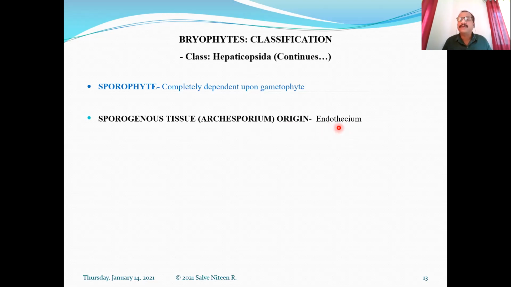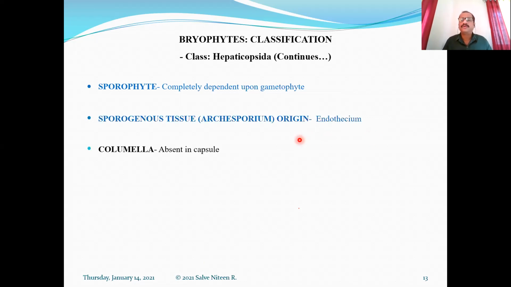But for the moment, just keep it in mind that archesporium in Hepaticae originates from endothecium, which is the inner region of embryo, whereas the outer region of embryo is called amphithecium. So here the archesporium originates not from the amphithecium, but from the endothecium region of the embryo.